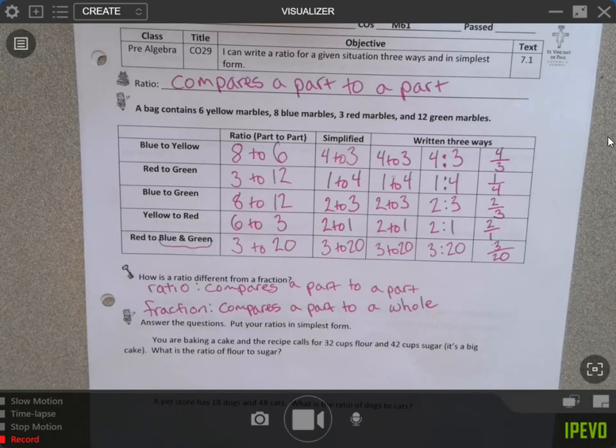How many altogether? So that fraction is different in that the denominator is the whole. A ratio is a part to the part. The red marbles to the green marbles. Not all the marbles together. So that's the difference between a ratio and a fraction.